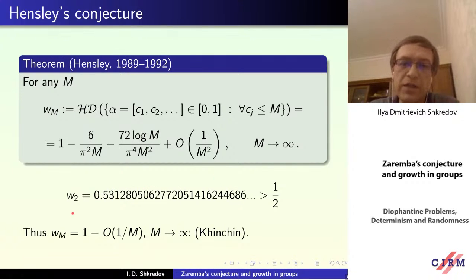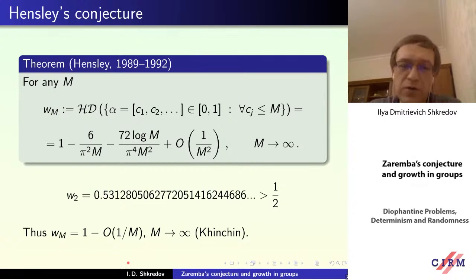For example, w_2 equals this number, which is slightly greater than 1/2. Actually, it's important for us that it's greater than 1/2. And we see that real numbers with partial quotients which are 1 and 2 have rather large Hausdorff dimension.